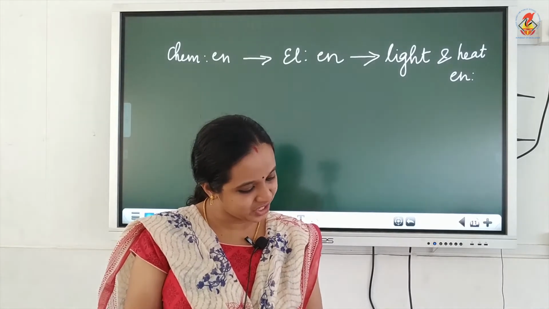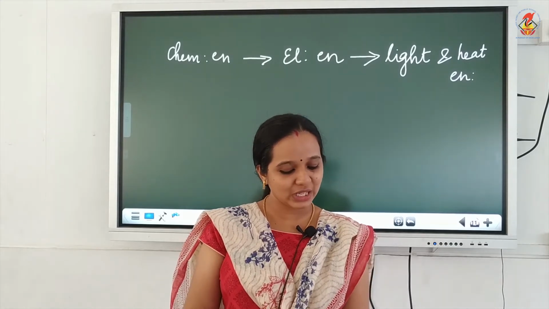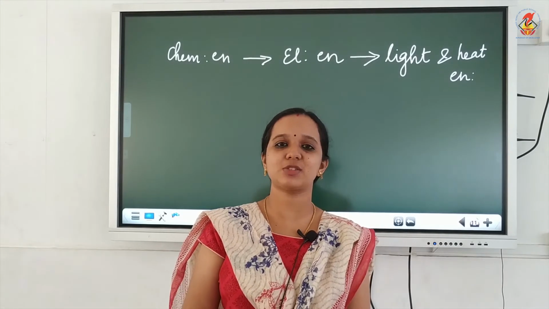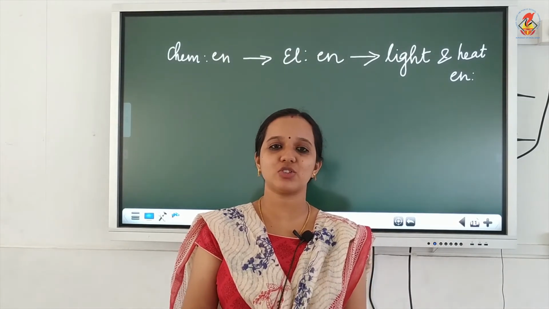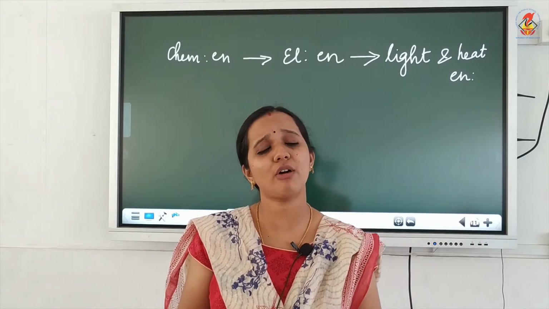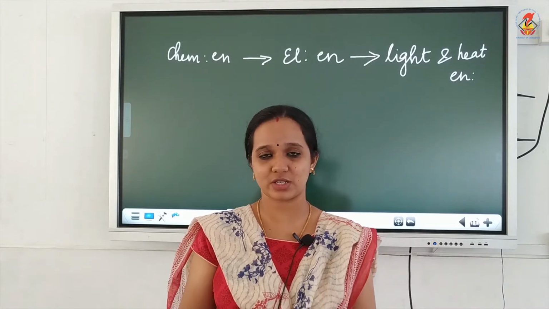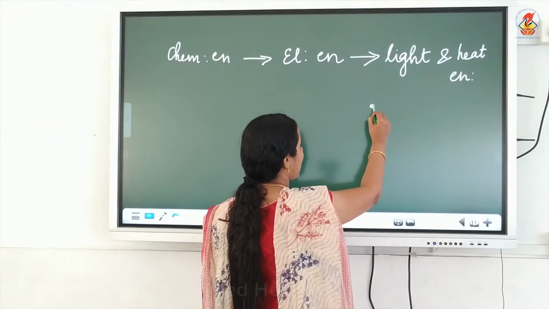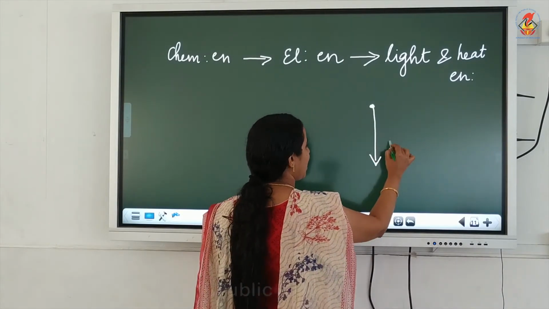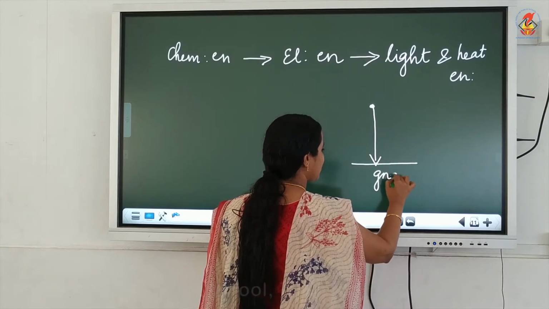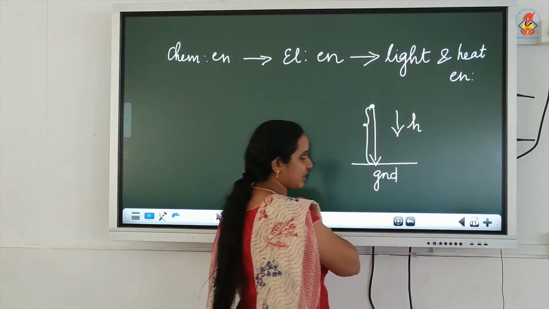Now moving on to question number 6. The potential energy of a freely falling object decreases progressively. Does this violate the law of conservation of energy? Why? So, according to the law of conservation of energy, the total energy should remain constant, and we know that as an object falls down to the ground, its height gets reduced.